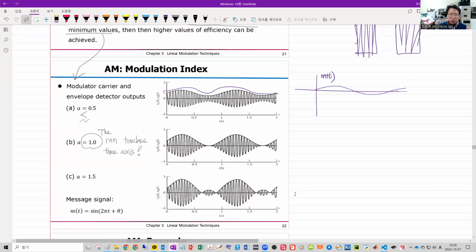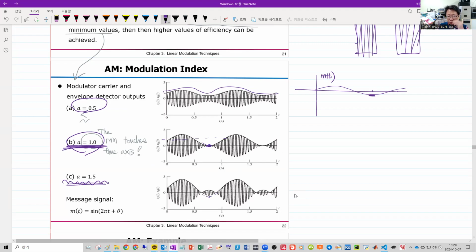Now you use modulation index 0.5, 1, and then you violate it. Let's see what happens. As you know, in the extreme case, this minimum value translates to this one. So it touches 0.